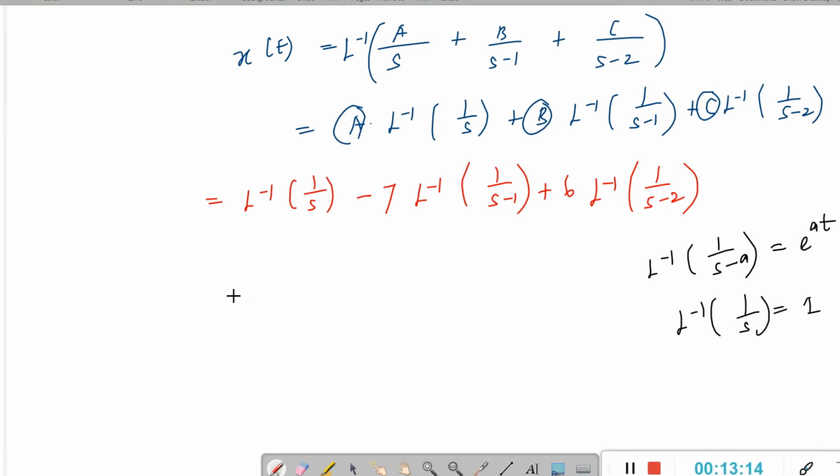Using these two formulas, you get 1 minus 7 e power t plus 6 e power 2t.